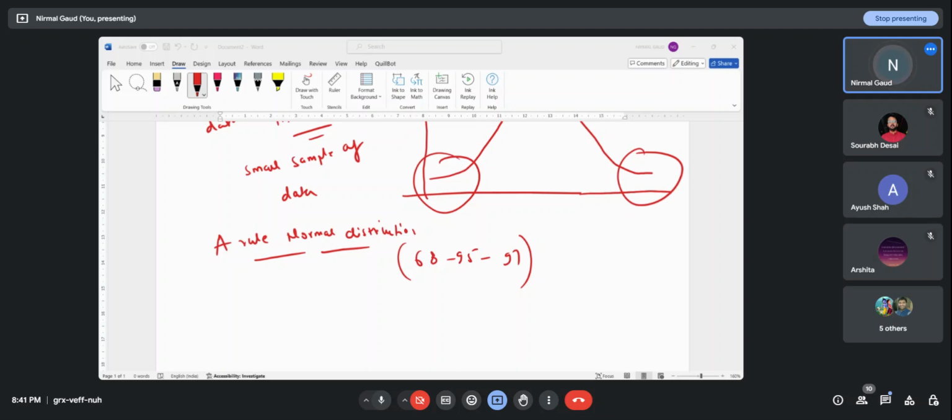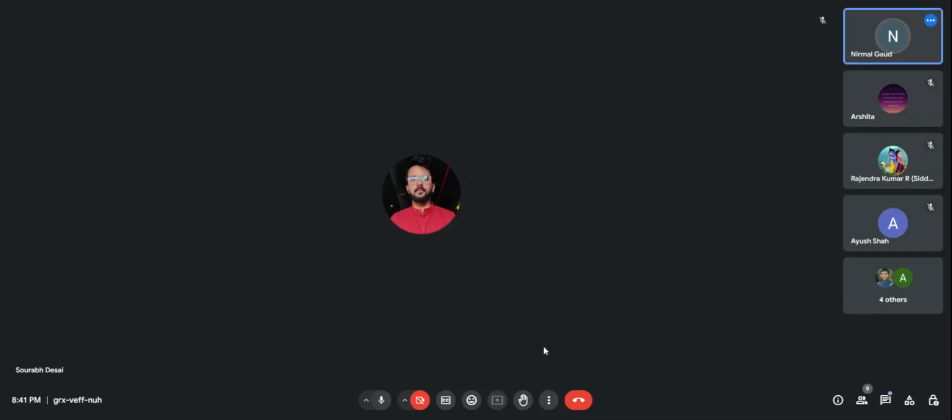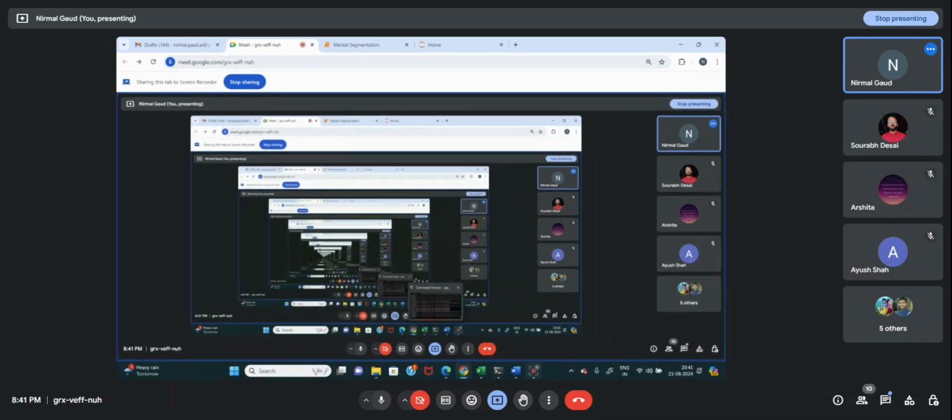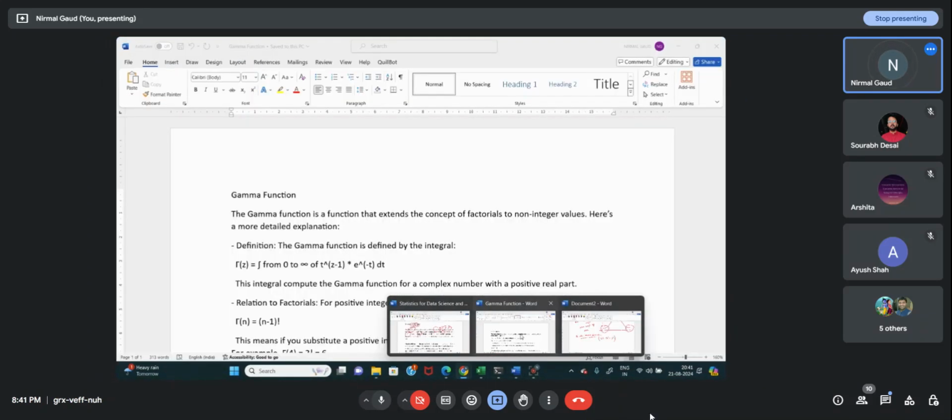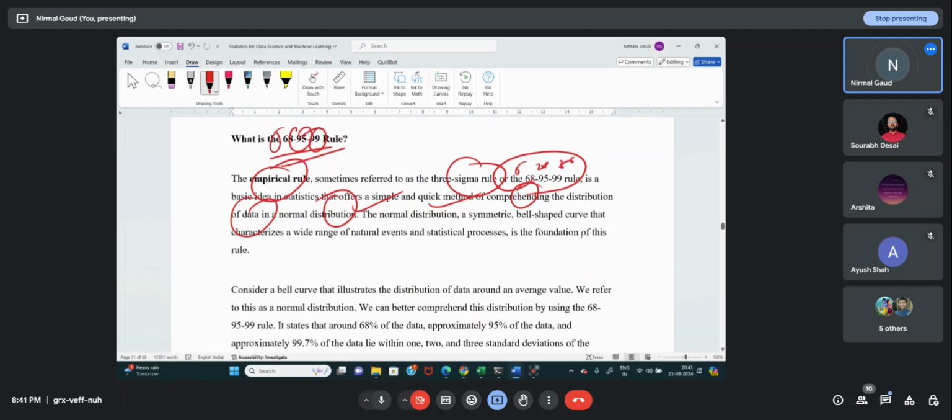Let me share my entire screen now, so it will be easier for you to see where I'm referring to in the notes. Okay, here it is. 68, 95, 99. This rule. So in normal distribution, there is a symmetric, bell-shaped curve that categorizes a wide range of natural events and statistical processes.